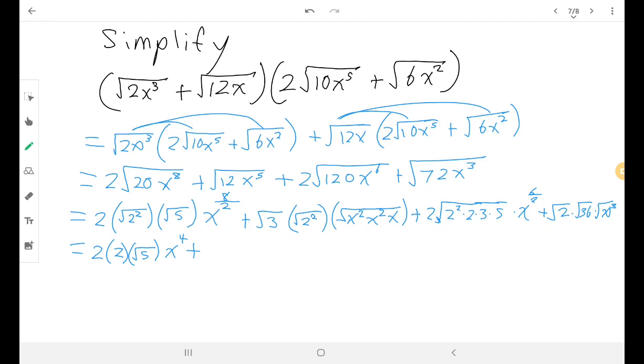Plus the square root of 3 times the square root of 2 squared is 2, because square roots and squares cancel each other. And then I've got a square root of x squared, another square root of x squared, so those square roots cancel the squares and leave me with x times x. And then I've got the lonely little square root of x there. He's got to stay inside the square root because he's all by himself.